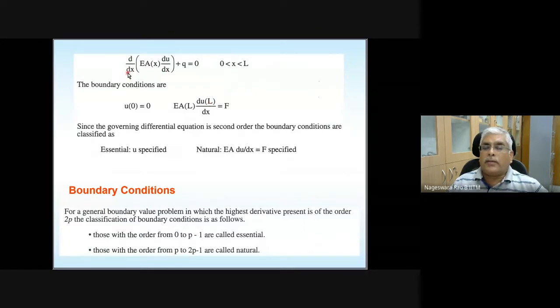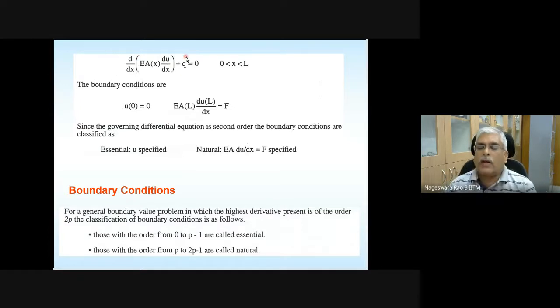First derivative of F, and F is area of cross section times Young's modulus times the derivative of displacement with respect to x, plus q is equal to 0. And this is nothing but the differential equation we are getting based on the equilibrium condition, the equations of statics.